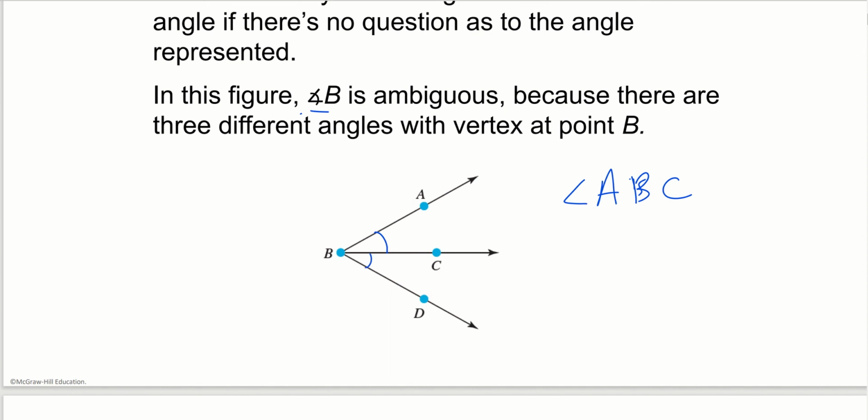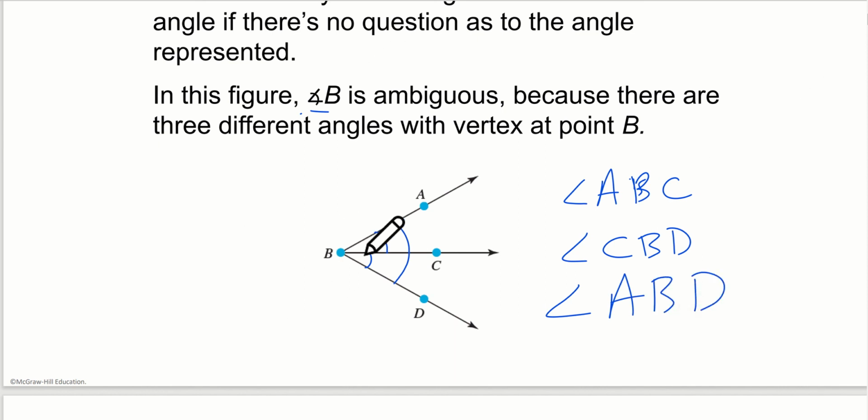We also have this angle here, which you could label as angle CBD. And we have yet a third larger angle, which would be this angle here, which would be angle ABD. And so, especially when you have multiple lines that join at a particular point, we need to be very clear as to which angle we're talking about, and that's why we have this naming notation.